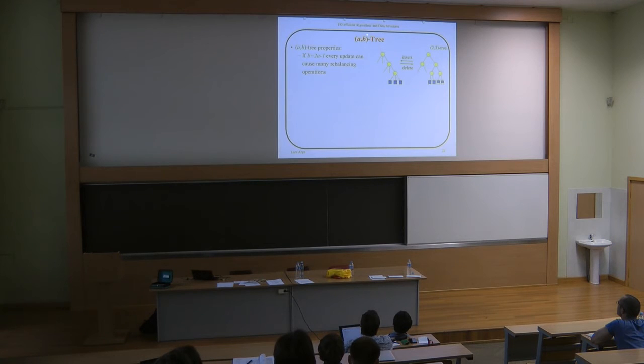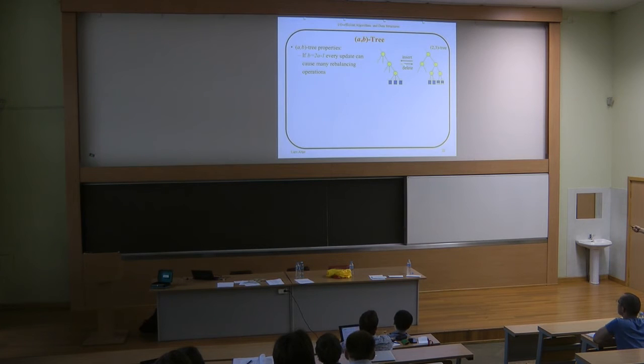If I have an A-B tree where I choose B to be exactly 2A minus 1, which was the smallest that I allowed, then actually each insertion or deletion can travel all the way up. And I have an example over here. So this is a 2, 3 tree.